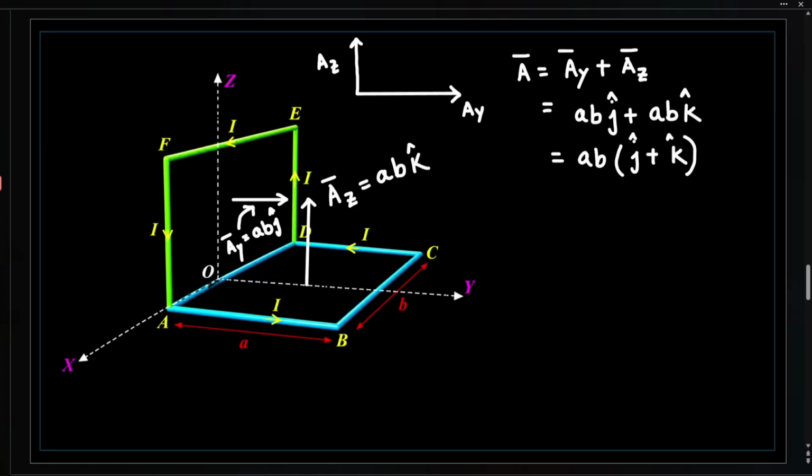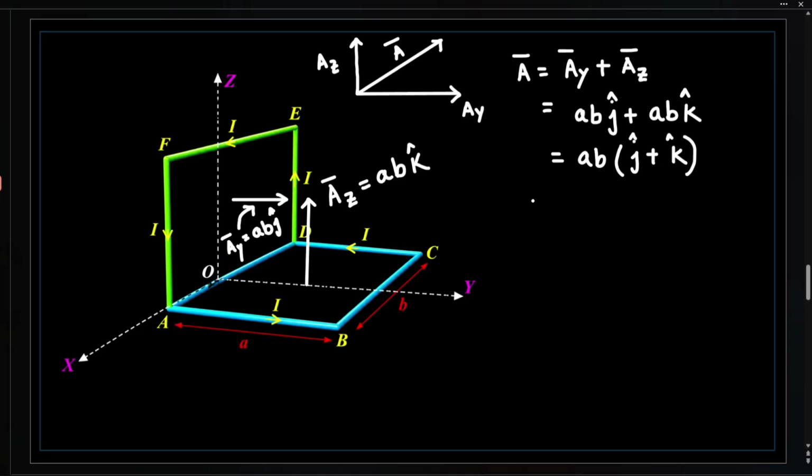That is not the problem. The thing is that the resultant of these two vectors will give you the resultant area vector of this whole loop, which is in this direction. So this is the A vector.